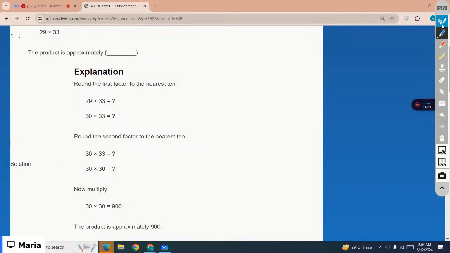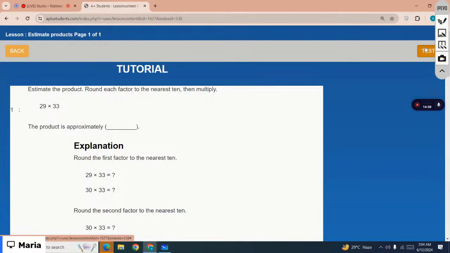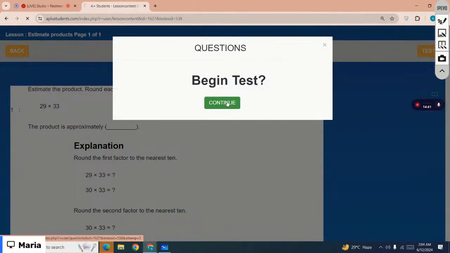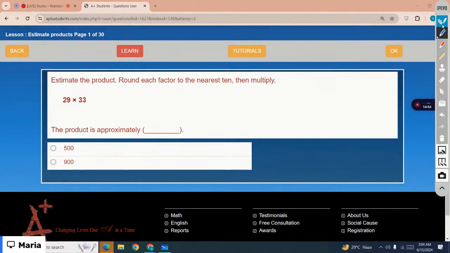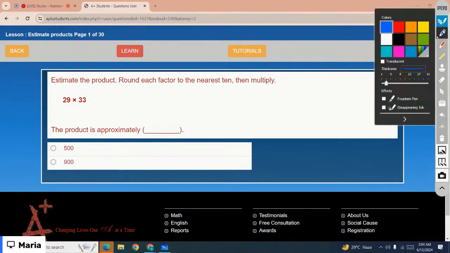Let's just start with the test questions. Estimate the product, round each factor to the nearest and then multiply. That's the one we just did on the tutorial, right? You have to round both the numbers to the nearest and then you have to multiply. Let's just round off both the numbers to the nearest 10, right?